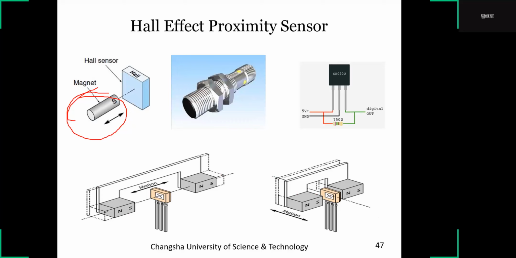When the current flows through the Hall element, the voltage is generated between the sides.